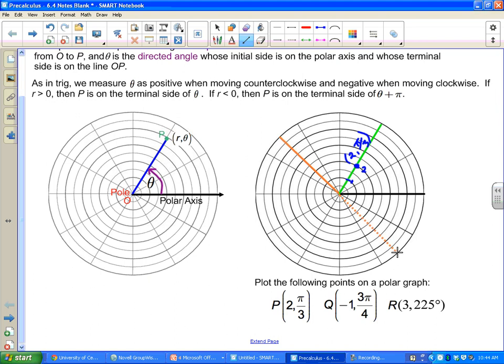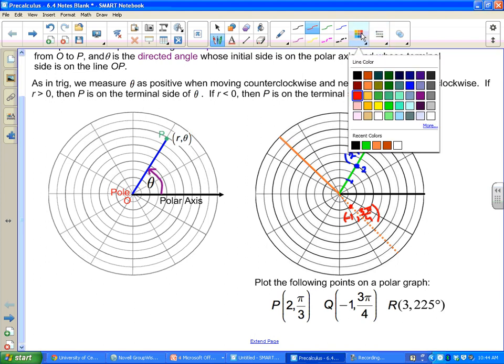Our negative values are going to be this direction instead of the direction we started with. And so negative 1 is going to be right here. So this is negative 1 comma 3 pi over 4. So positive we would have put over here, but negative we need to extend our line and go the other direction.